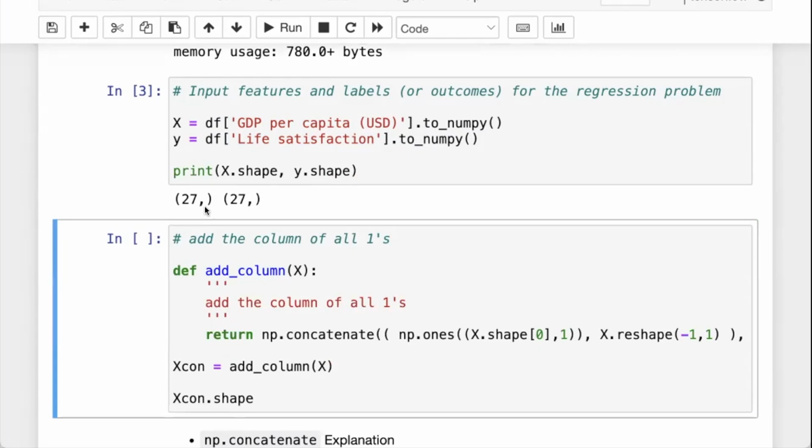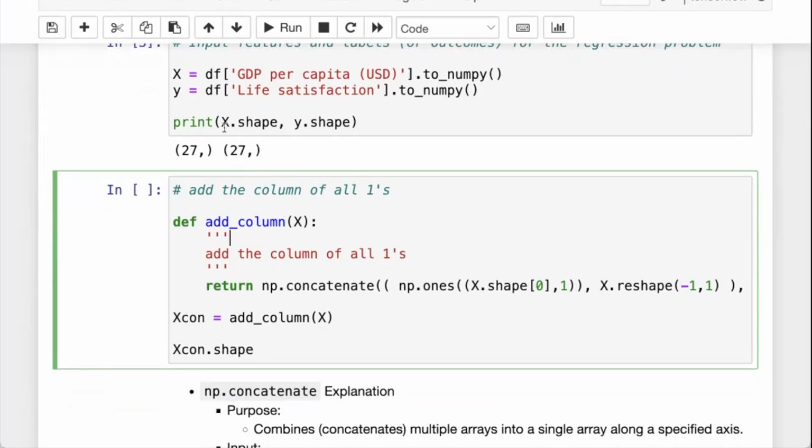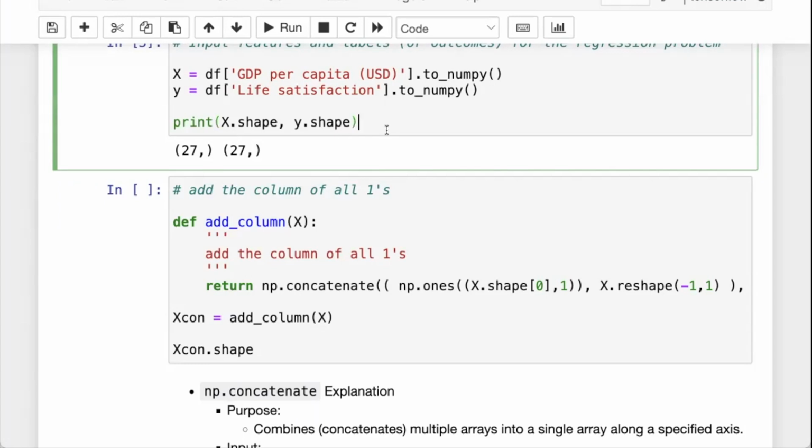So you can see immediately that now we have this X array and Y, and there is one thing that is very important here. Remember in the theoretical analysis that we did, we always assumed that the first column of X is an array of all ones. So far we do not have this, right?